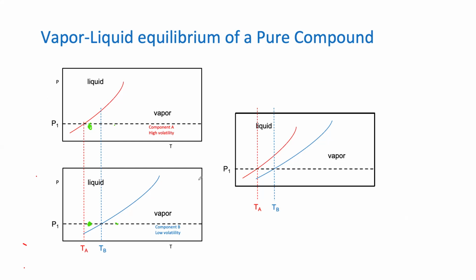If we mix them together, we put it into one diagram here, and if we combine them together, then it becomes like this. The red line is the line of the equilibrium between the liquid and the vapor for component A. And then the blue one is the vapor liquid equilibrium for component B. Any question up to here?